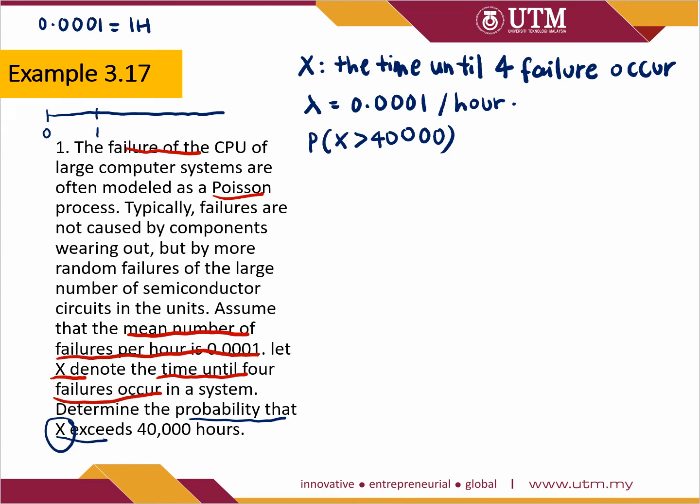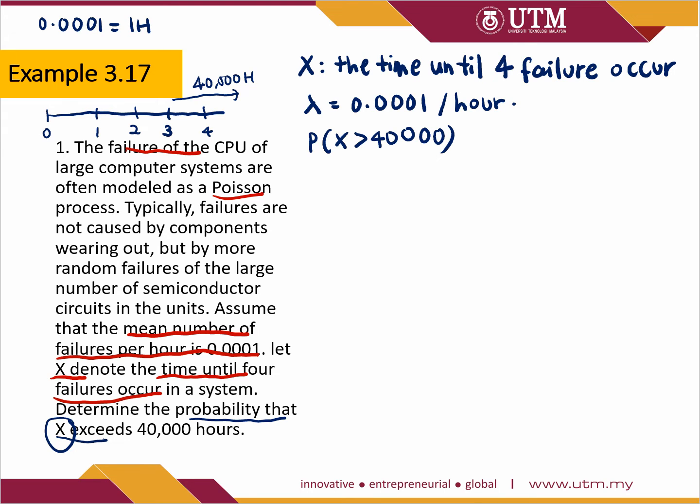This one is the first failure, second failure, and the third failure. So X exceeds 40,000 means that when the fourth failure happens, it has already exceeded 40,000 hours.